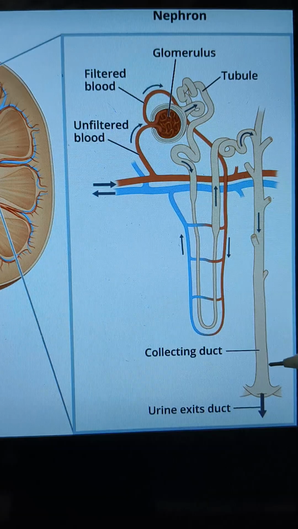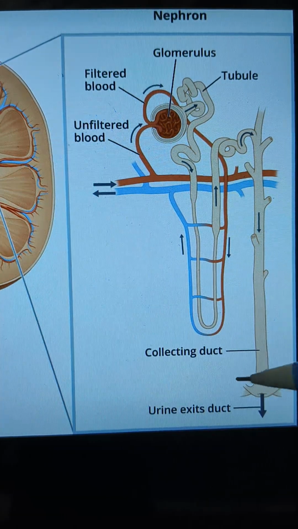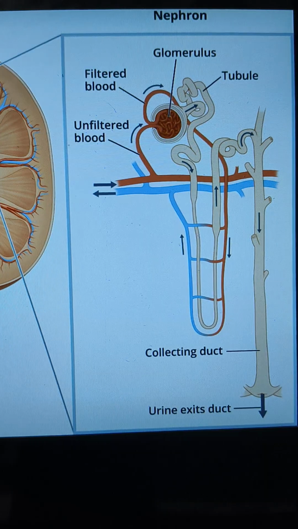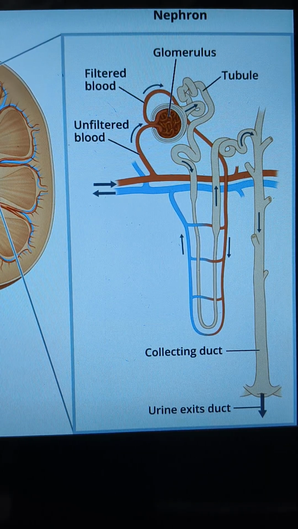From the collecting duct, it receives the urine and shares it to the minor calyx, and then it is transferred to the major calyx, then renal pelvis, and then ureter, and then urinary bladder. After that, the urethra, and it comes out from the body.